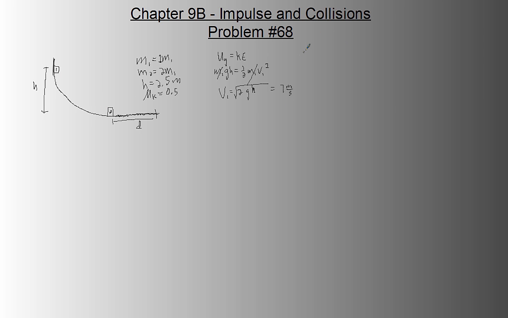Now part A, it's an elastic collision, so we need conservation of momentum and kinetic energy. So let's do it. m1 v1 plus 0. I'm just going to do that right off because we know block 2 is at rest. No need to write multiple steps for that. m1 v1 final plus m2 v2 final.